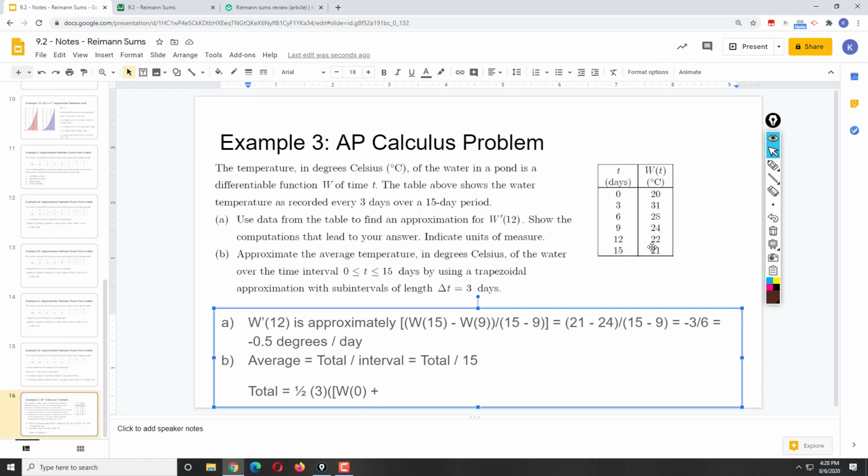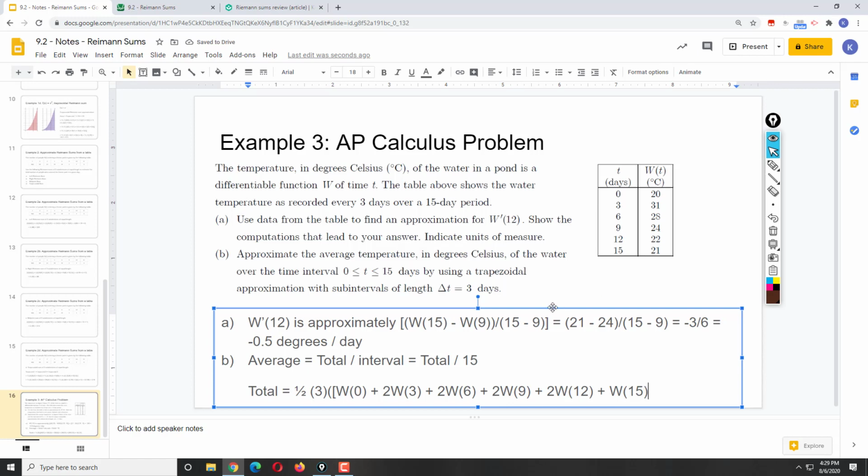So it's 1/2 times 3 times W of 0 plus 2 times W of 3 plus 2 times W of 6 plus 2 times W of 9 plus 2 times W of 12 plus W of 15.